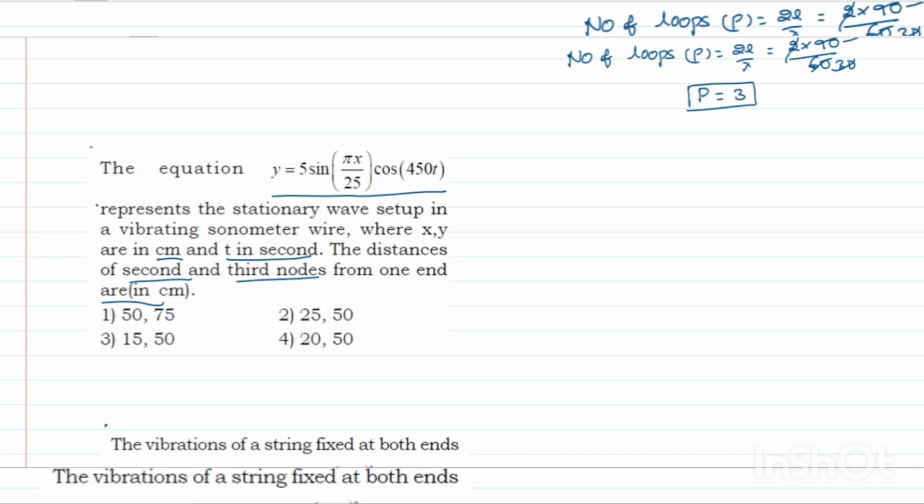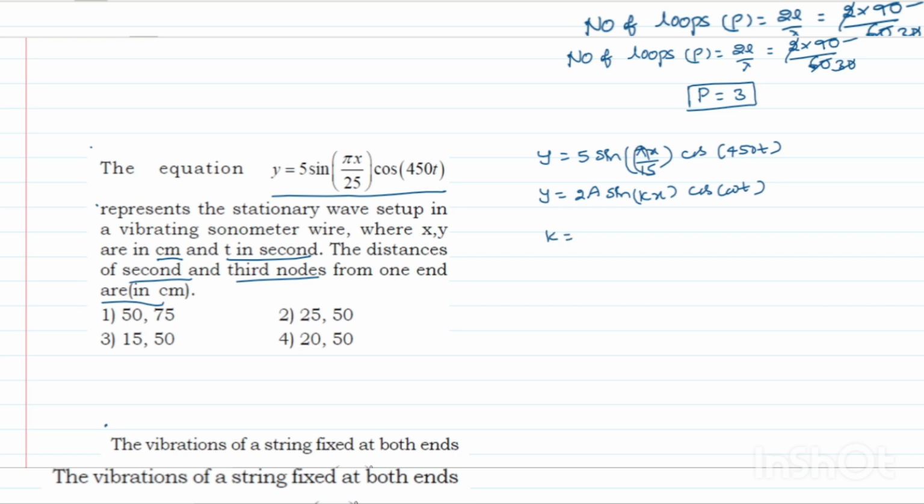So the equation of the stationary wave is given as y equals 5 sin pi x by 15 into cos 450 t. The general equation of a stationary wave is y equals 2a sin kx cos omega t. So instead of k, here we have pi x by 15.